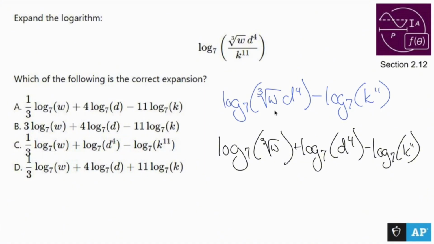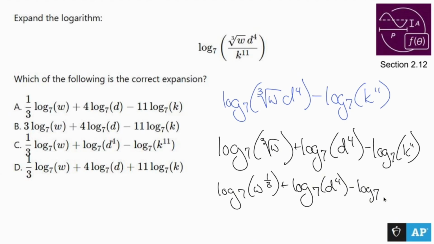Now we're going to bring out the exponents, but let me rewrite this differently first. The cube root of w can be written as w to the 1/3. Everything else, the way it should be, log base 7 of d to the 4th minus log base 7 of k to the 11th.